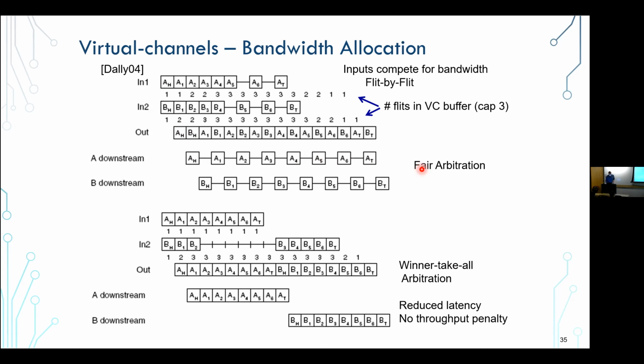But notice another strategy, which is winner take all. Even though A and B heads arrived at the same time, you let one of them take it and go through, then that one makes it earlier through the switch, and then B makes it a bit later. There's no throughput penalty here.